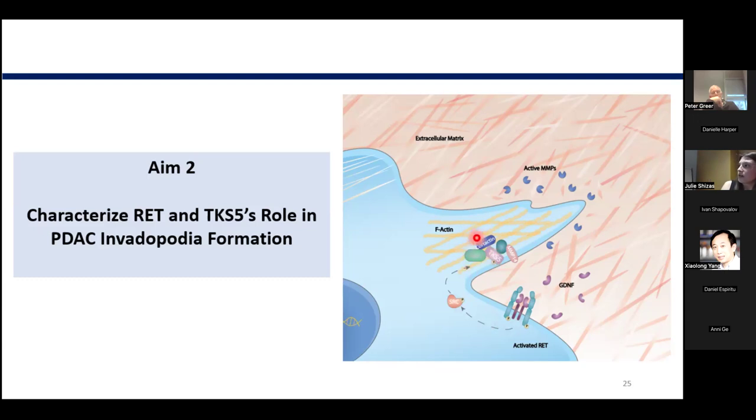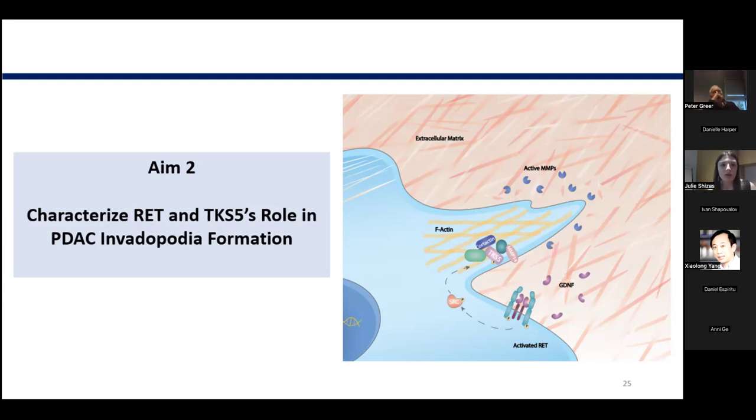I want to point out cortactin, another invasive marker that's important for recruiting actin nucleation factors, which are the factors that elongate the actin chains. And then MMP14, a membrane-bound matrix metalloproteinase that cleaves soluble MMPs, such as MMP9 and MMP2.